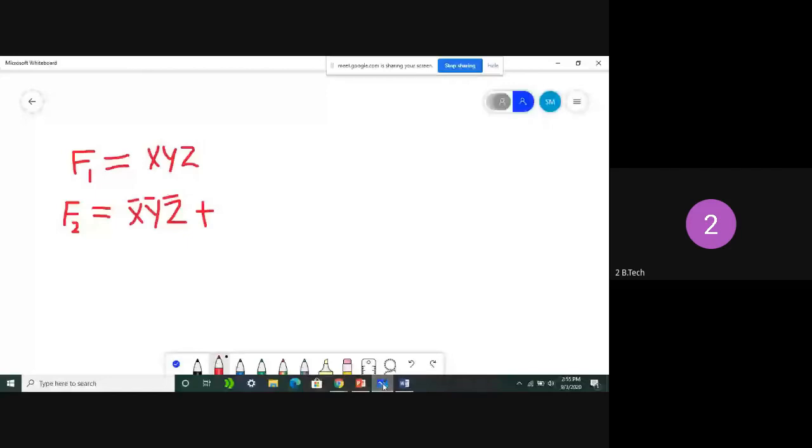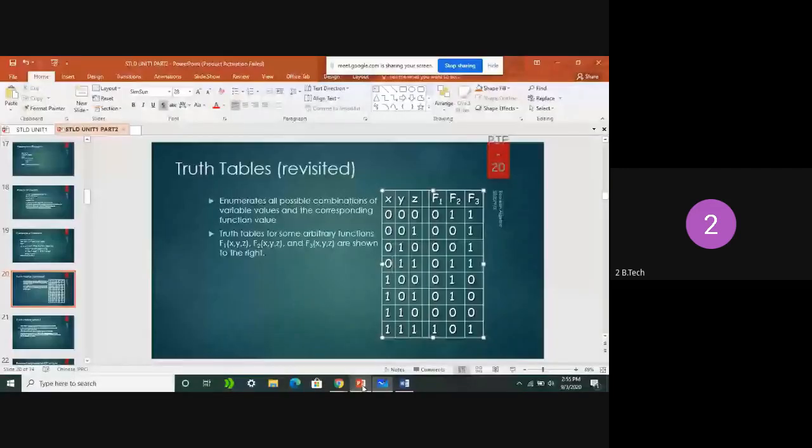So we add x bar into yz. So is there any other high for f2? What are the other high values for f2? 100. Clear?